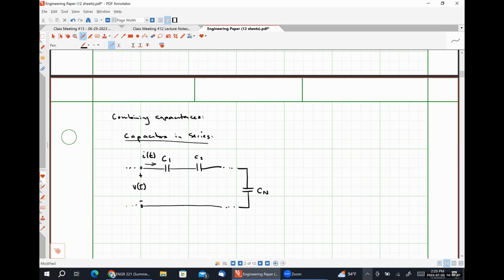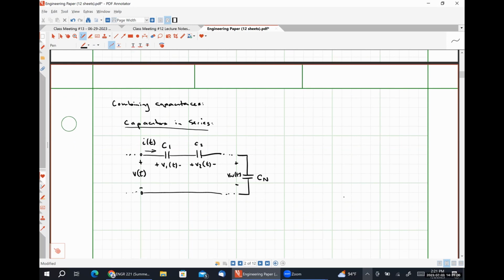I'm going to express the voltage drop across my individual capacitances as V1, V2, all the way out to V sub n, like so.